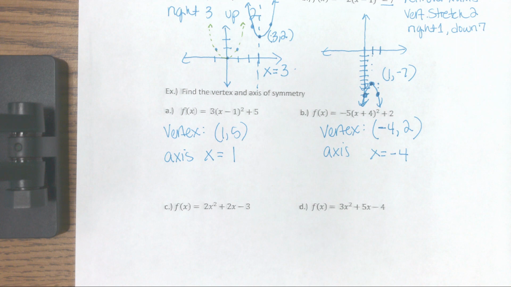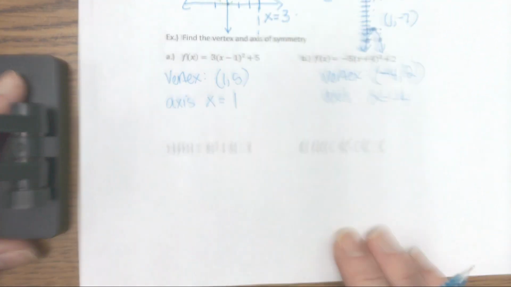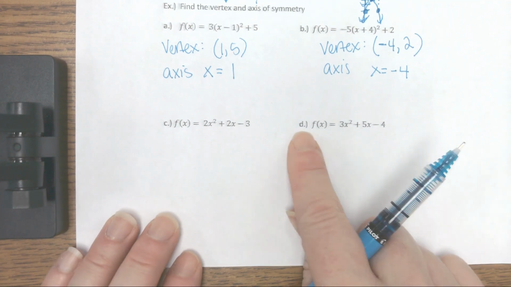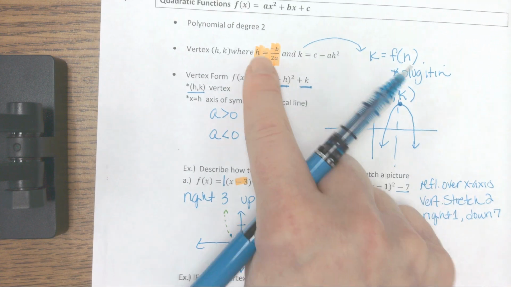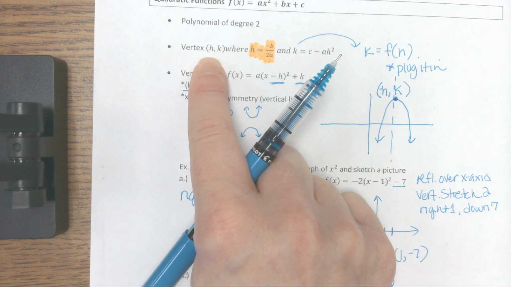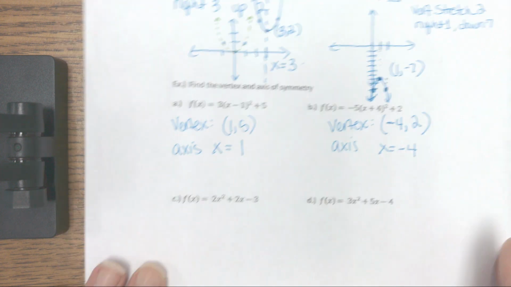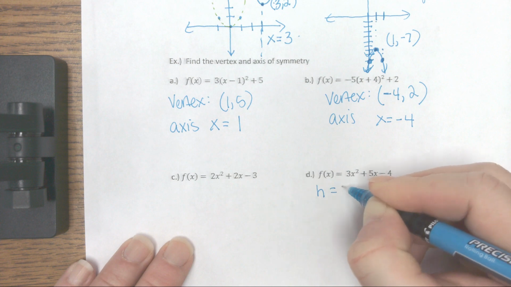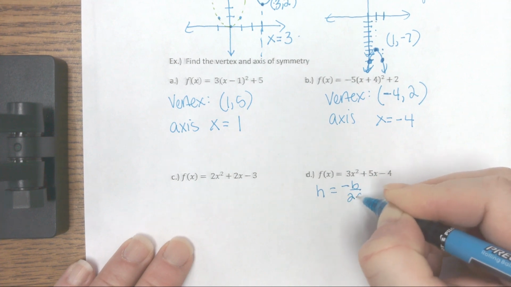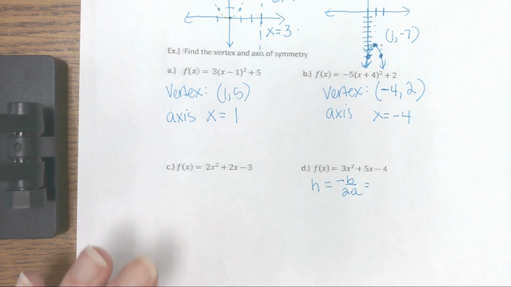I'm going to show you how to find the vertex using the formula -b over 2a. And then finally, I'm going to show you completing the square. 2 options. For D, let's use the formula. If it's in standard form, we're going to go up here and use this formula to find the vertex. So H equals -b over 2 times A. In this case, what's -b?